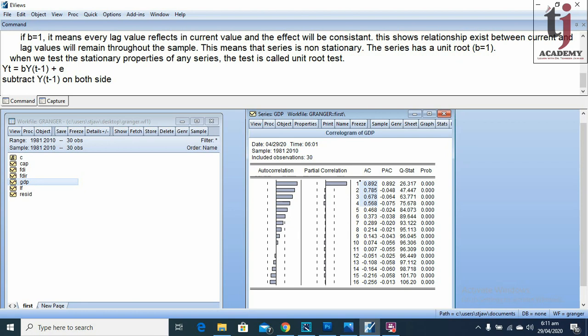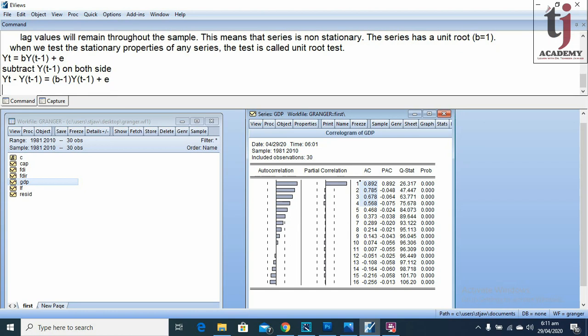What will we get? yt minus yt minus 1 is equal to, after simplification, b minus 1 times yt minus 1 plus error term. This would be the equation.